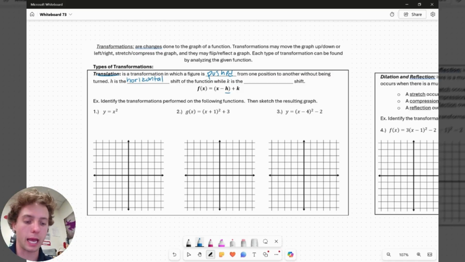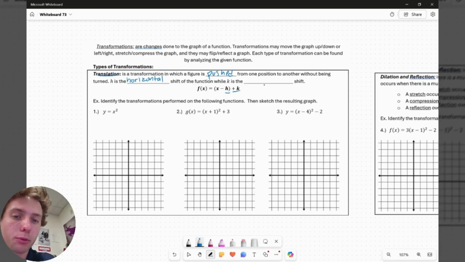So if we have anything adding or subtracting inside the parentheses, it'll be a horizontal translation, moves it left or right. If you have something on the outside of the parentheses, that means it is a vertical change. If it is adding or subtracting on the outside, it is a vertical translation, pushing the object up or down.